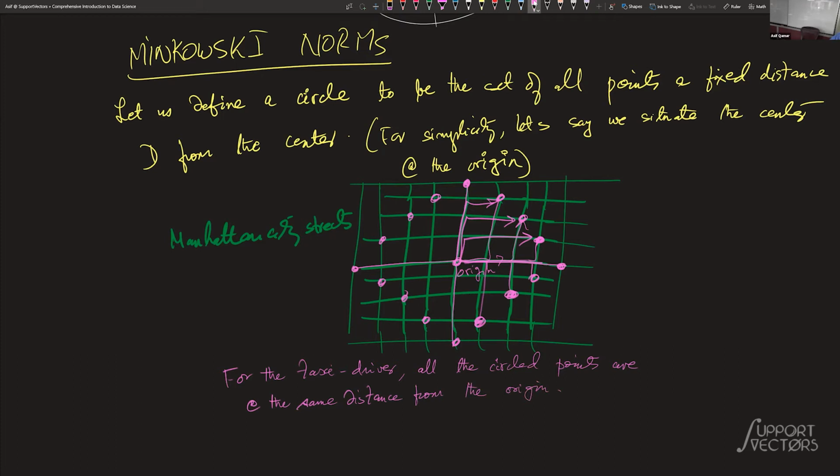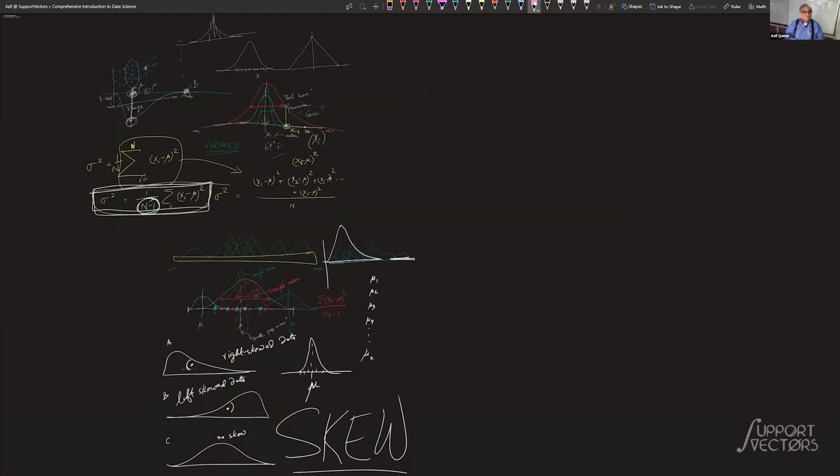Would you agree with that? So what happens if you connect these dots, and assuming the taxi driver can only drive parallel or perpendicular, like has to drive... Oh, sorry. What did I just now do? I did something. Sorry.